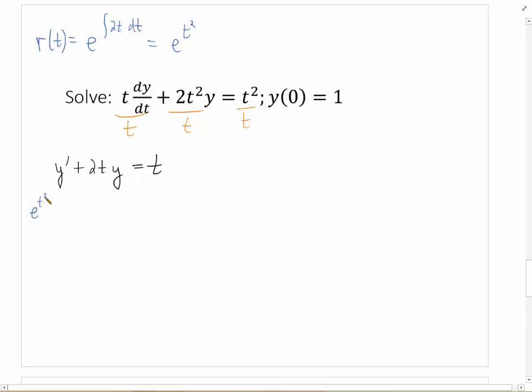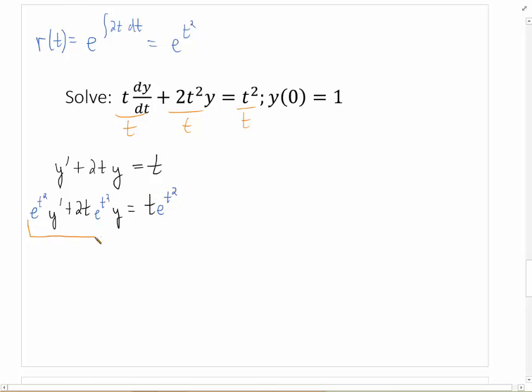So I'll have e to the t squared y prime plus 2t e to the t squared, oops, hit the wrong color there, sorry about that, e to the t squared times y is equal to t e to the t squared.